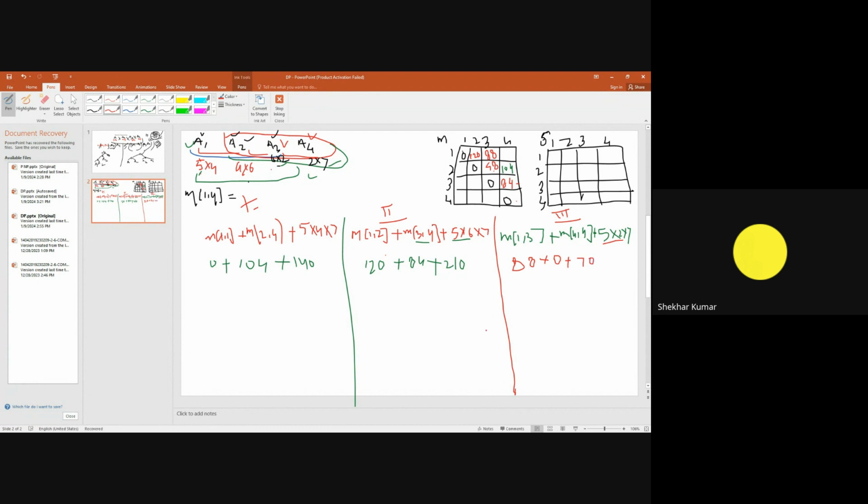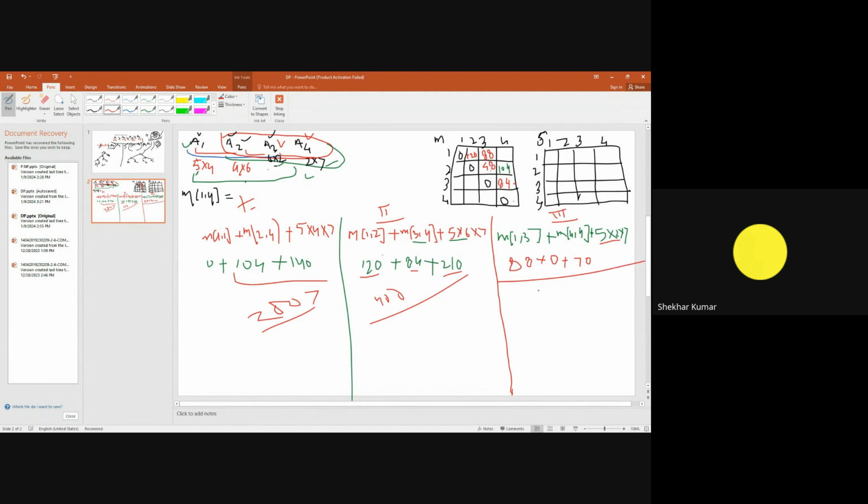Okay. If we check which is minimum, then you can see that 104 plus 140 is greater than 200. 120 plus 84 is approximately 400, and this is your 158. Okay.